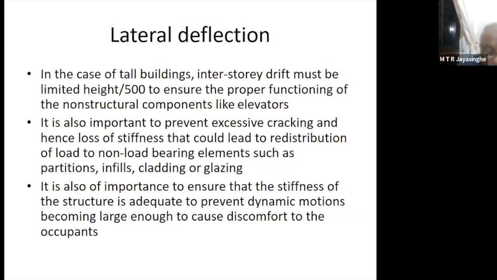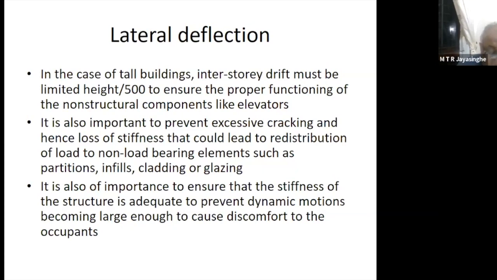So you'll find the wheels of the lift which are on the rails will start making unnecessary noise. So you have to always check inter-story drift. That means the drift between two consecutive floors must be checked in addition to the overall deflection of the building.